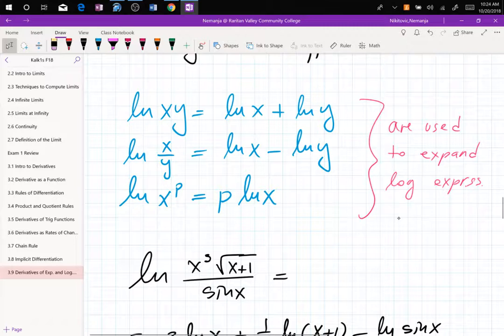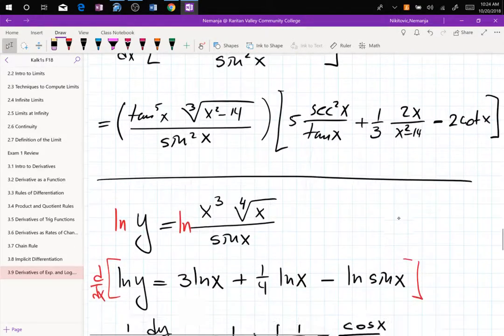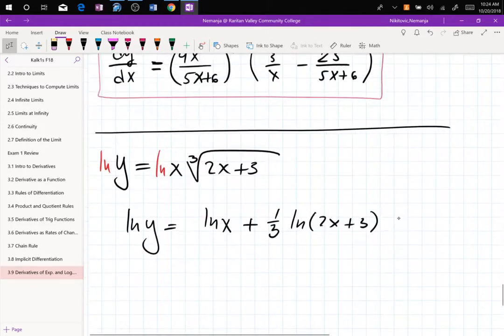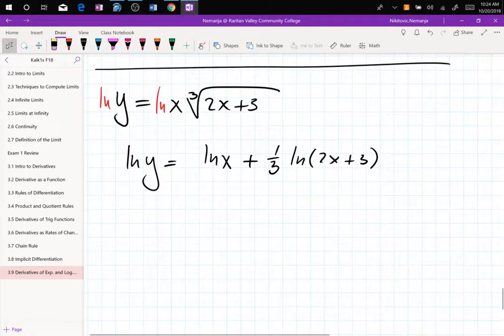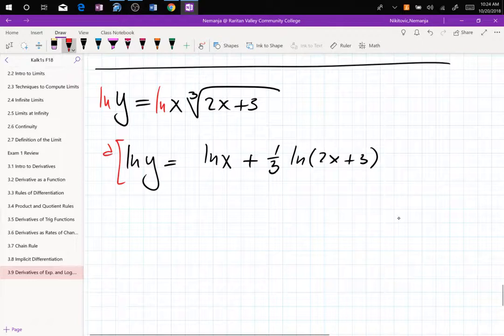You either know them or you don't. You should know them because that's pre-calculus. It's called pre-calculus, right? Needed in calculus. Once I break everything apart, we are ready to hit this with the derivative.